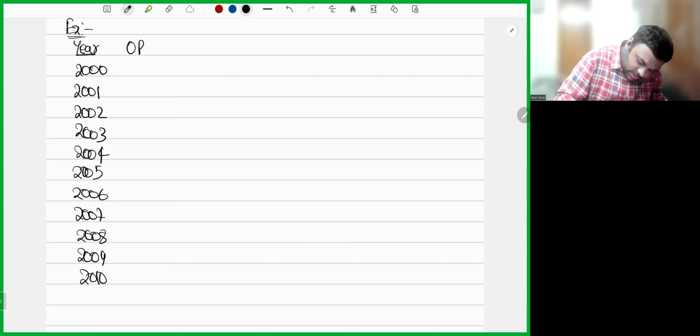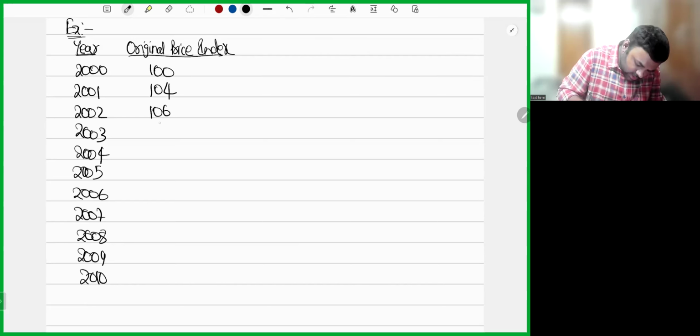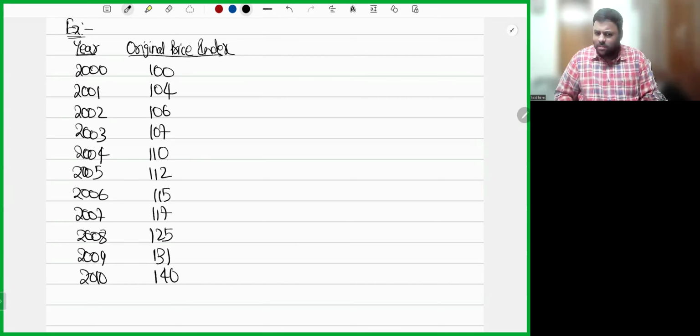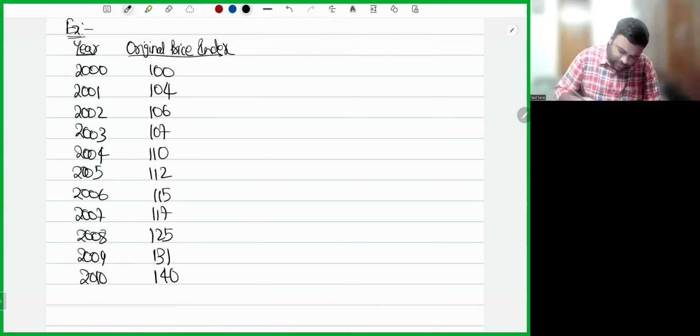The original price index is given somewhat like this: 100, 104, 106, 107, 110, 112, 115, 117, 125, 131, 140. This is the original price index. Can you tell me what the base year is for the original price index?